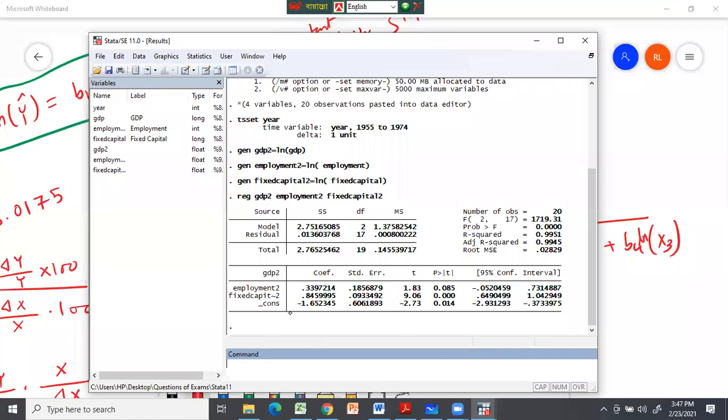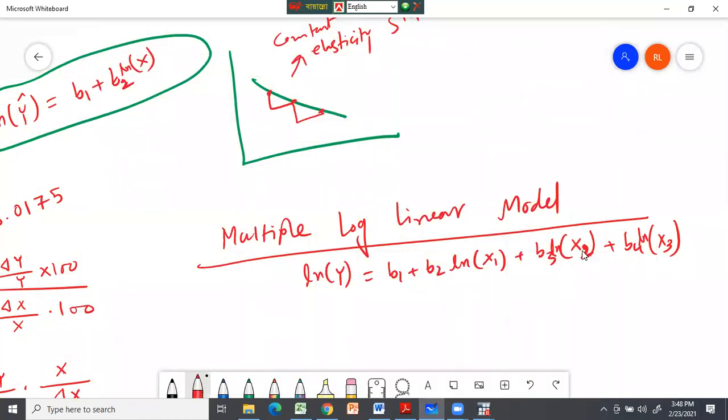In summary, when you are explaining the multiple log linear model, remember that you are explaining only the partial elasticity coefficients. The word partial is added because you are assuming the impact of the other variables remains constant. When you are explaining the variable x1, you are assuming that x2 and x3 remain constant or held up.